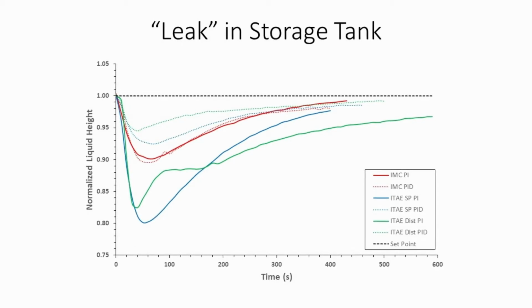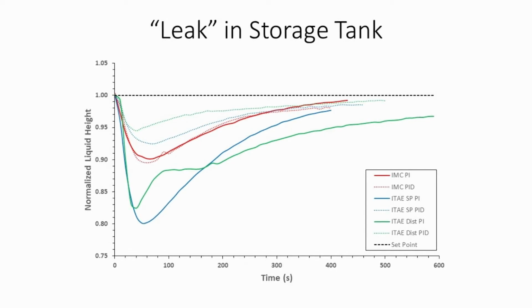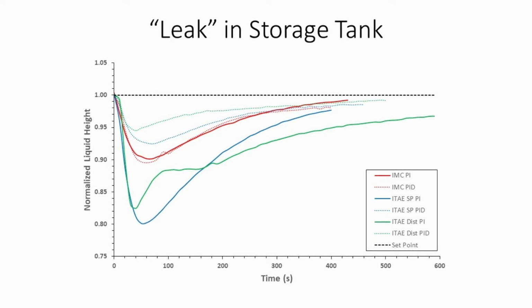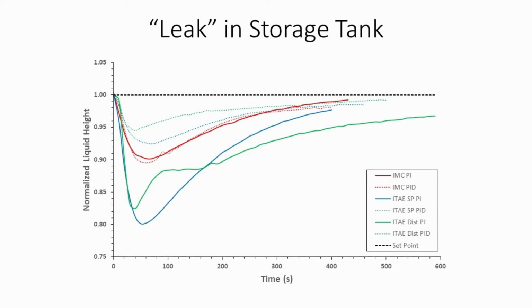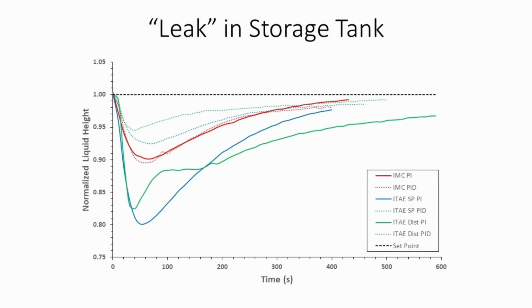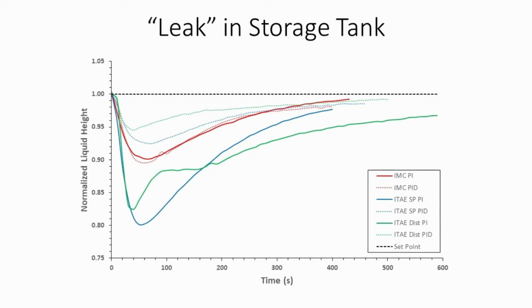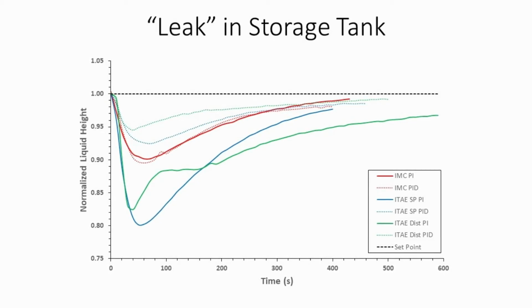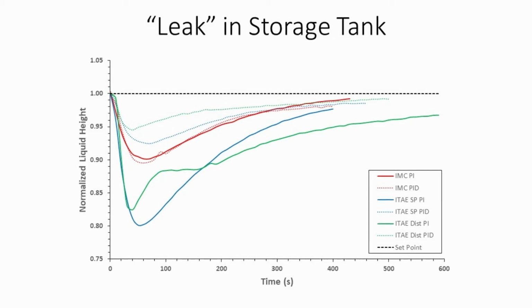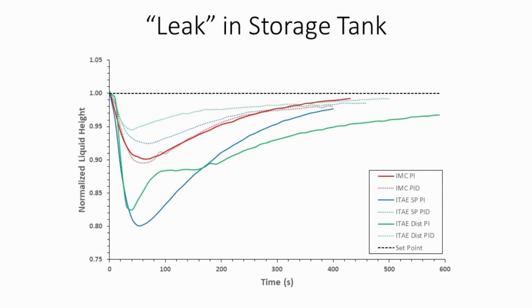When considering both studies, the advantages of the ITAE disturbance method are negated by a higher overshoot during the set point change. Therefore, the IMC PI was determined to be the most practical method when applied to both a disturbance and set point change, which could be realistically encountered by this system.